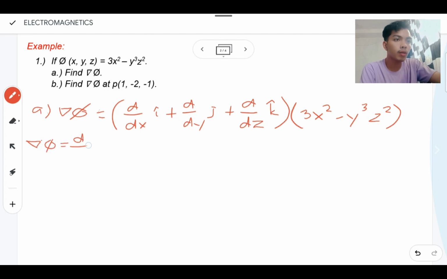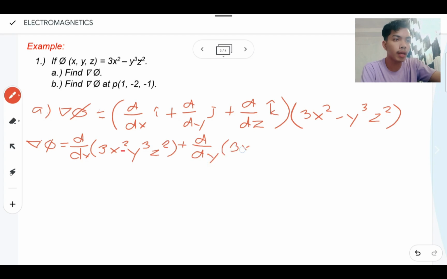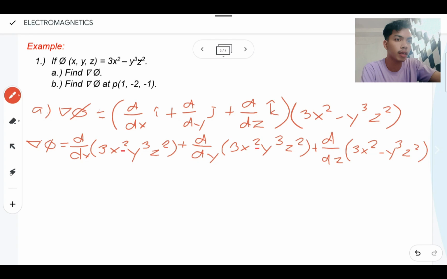So when we multiply it, we will have the partial derivative of 3x squared minus y cubed z squared with respect to x plus the partial derivative of 3x squared minus y cubed z squared with respect to y plus the partial derivative of 3x squared minus y cubed z squared with respect to z.